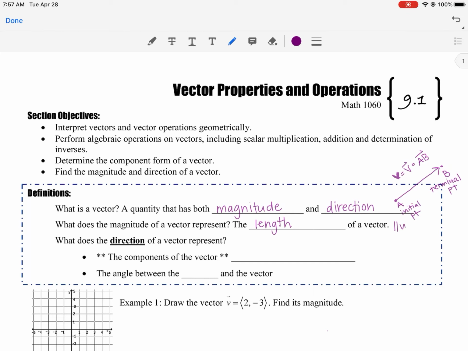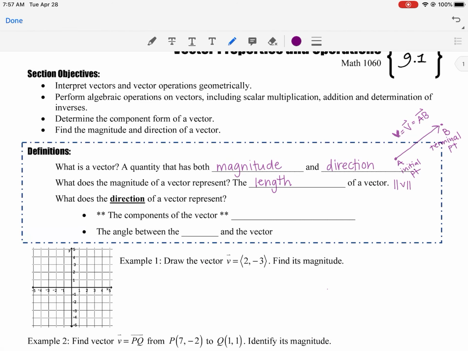They'll use double lines around it to represent the magnitude. Since we're finding the length, you can think about the distance formula or the Pythagorean theorem: the square root of a squared plus b squared.